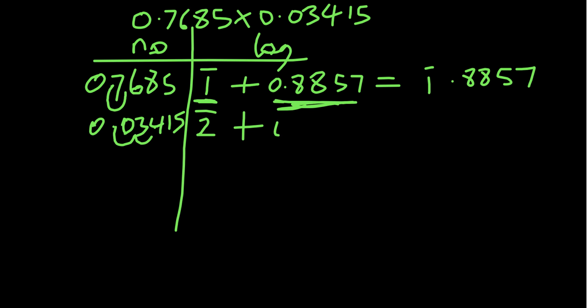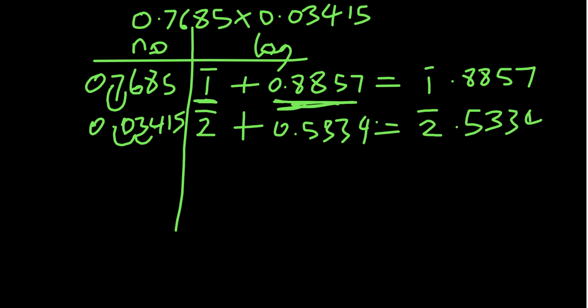It will give you 0.5334. So if you combine these numbers, you will have about bar 2.5334.